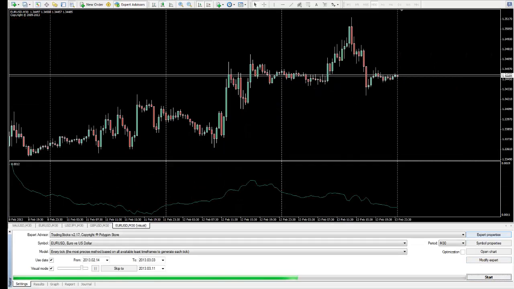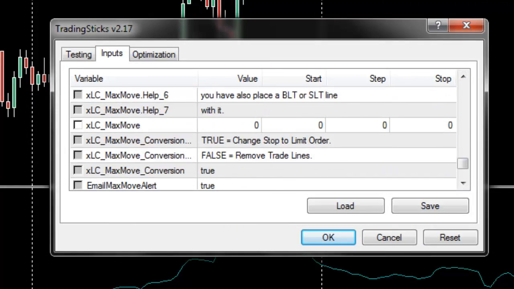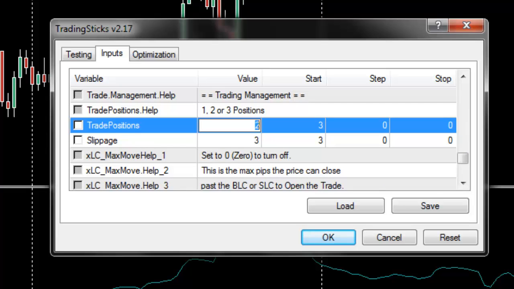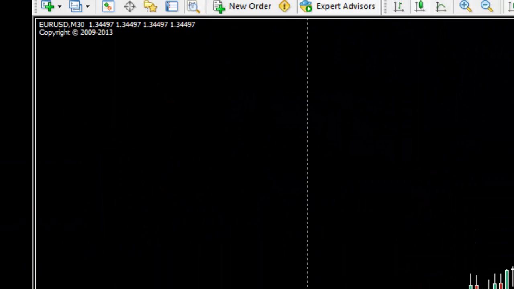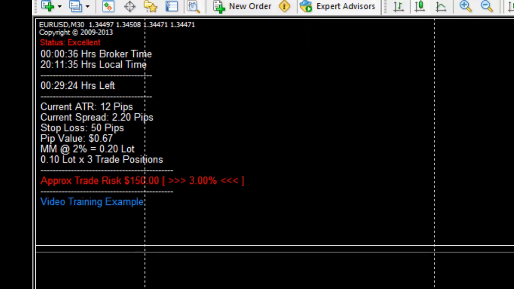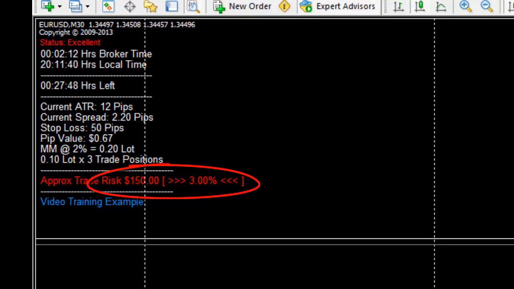Okay, so let's go experts, and this time I'm going to drop down and increase our position size from 2 to 3. Let's start. Now notice how we get this message here. On a demo or live account you get a pop-up alert message as well.